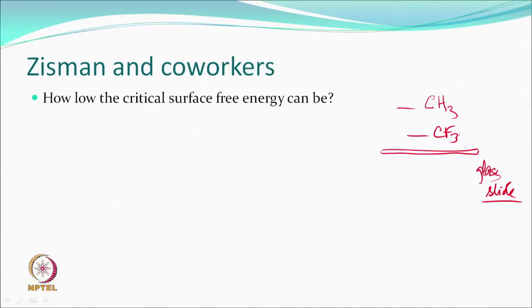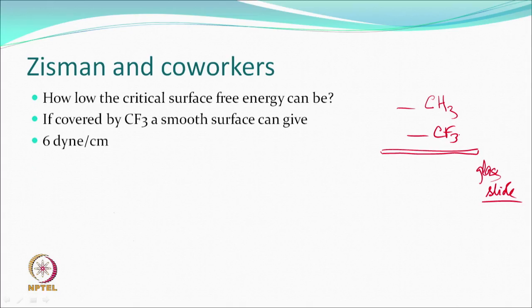They wanted to know this question: how low the critical surface free energy could be obtained by some treatments of these kinds. They found one interesting thing: by making different kinds of compounds, if the surface has CF3 groups exposed, then a surface energy as low as 6 dyne per centimeter could be obtained.